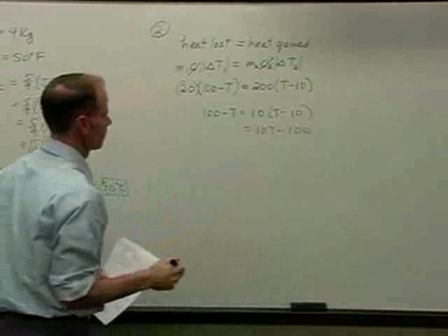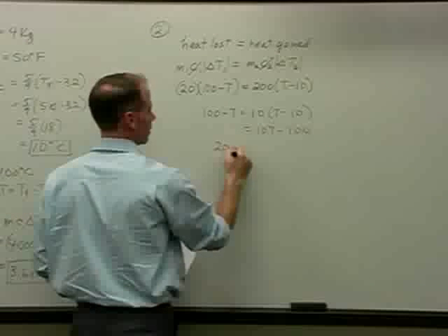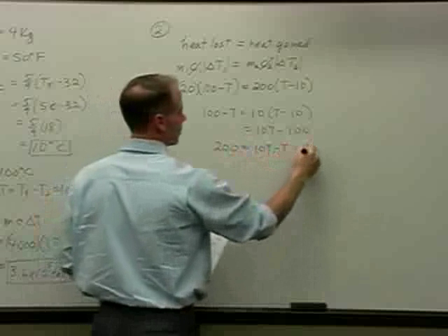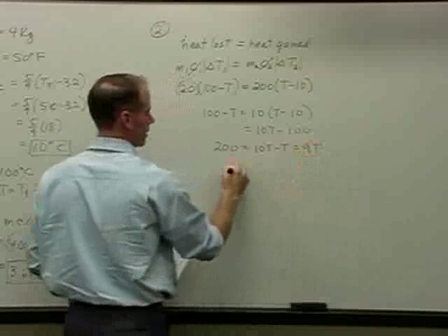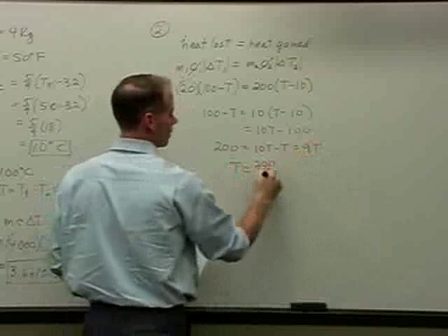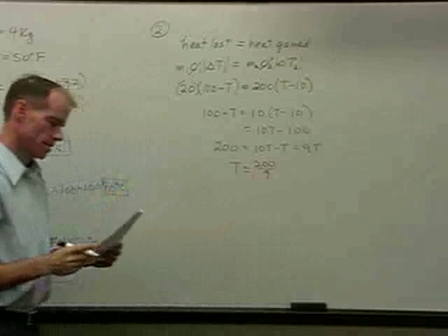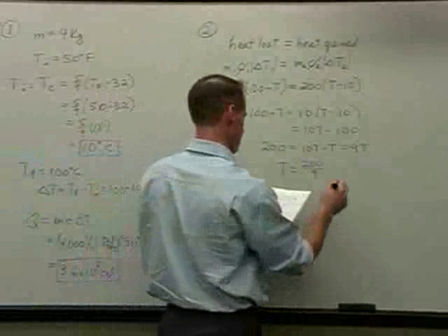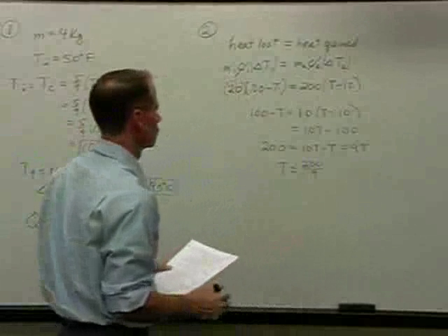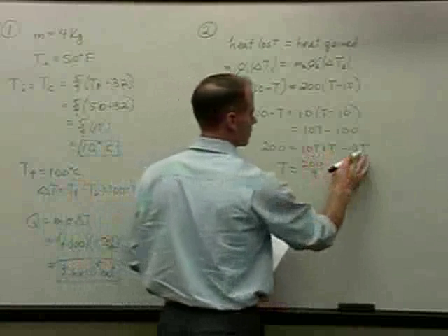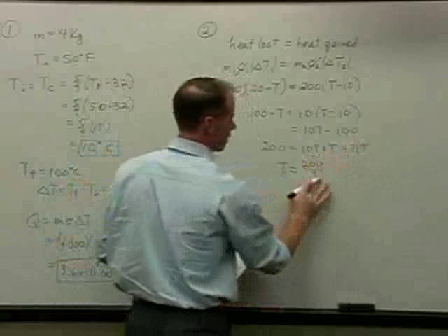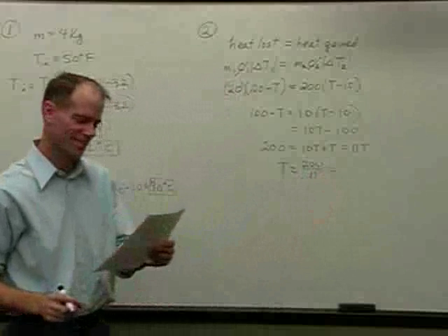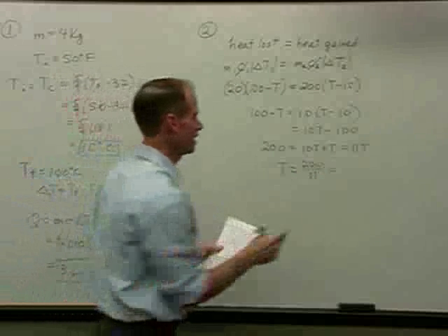So I have 200 is equal to 10T plus T, which is 11T. I'm sorry, this should be a plus. This should be 11T. So T is 200 divided by 11, which is 18 degrees.